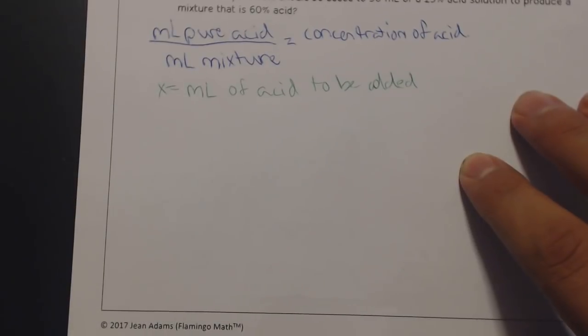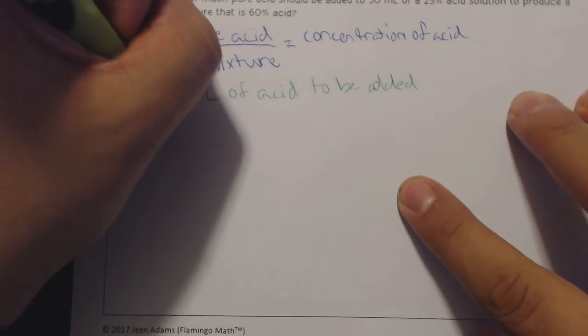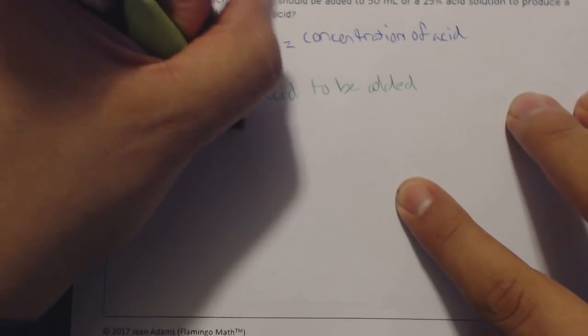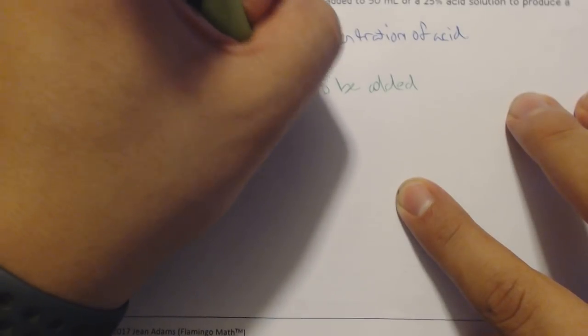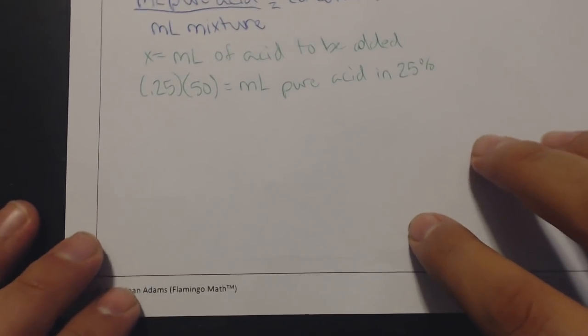So I can say that 0.25 times 50 is equal to milliliters of pure acid in the 25% solution. So that sets up an equation for me.